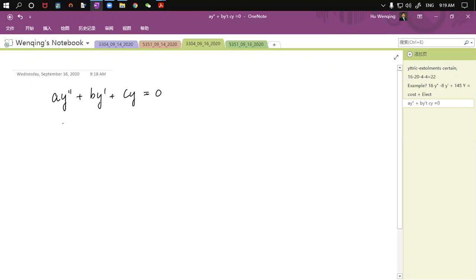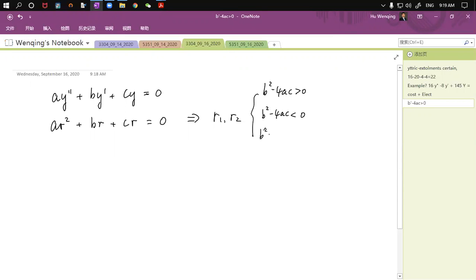Then you need to solve the characteristic equation, r squared plus b r plus c equal to 0, for r1 and r2, and determine which of the 3 cases: the discriminant is positive, negative, or 0. You get different choices of y1 and y2.